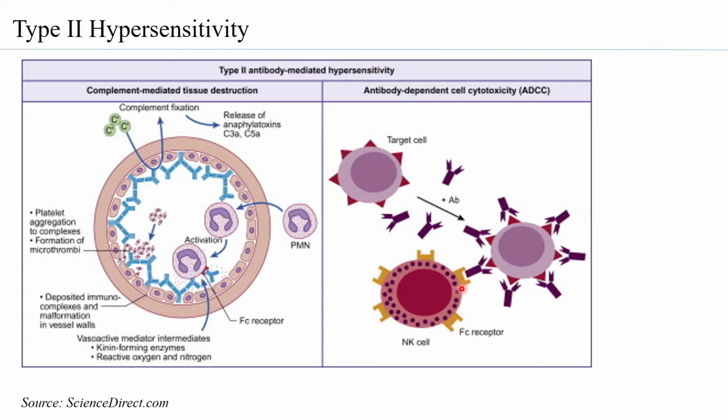So the binding of the Fc receptor to the antibody leads to what is called antibody dependent cell cytotoxicity, because a signal is transduced within, because of which the NK cell releases perforins and granzymes, and the perforins are able to make holes or make the membrane of the target cell more permeable, and the granzymes enter, and these granzymes then lead to lysis or the destruction of the cell per se. So these are the two major ways by which type 2 antibody mediated hypersensitivity takes place.